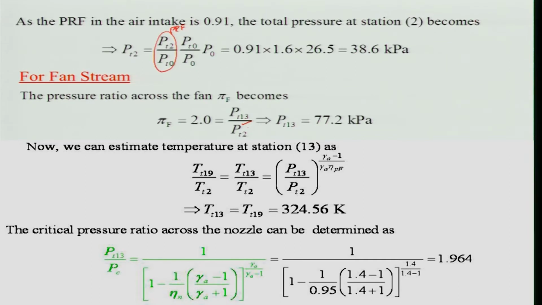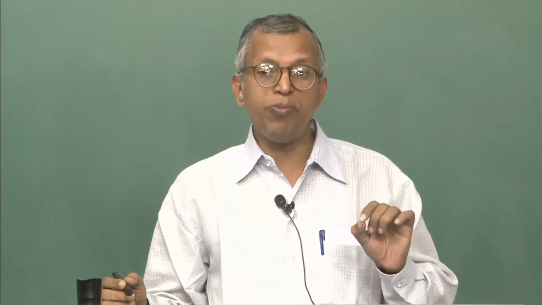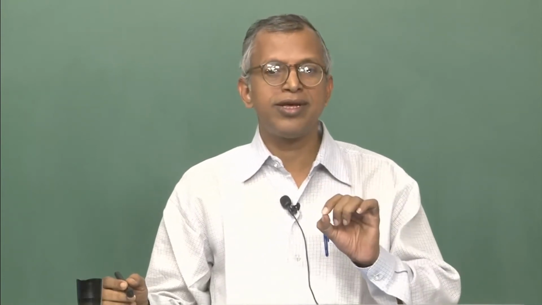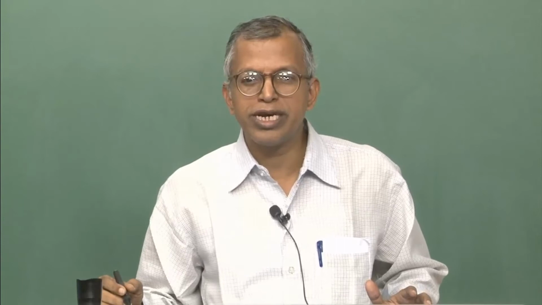The critical pressure ratio across the nozzle can be determined, because we need to find out whether it is critical or not. Keep in mind, we are assuming that the nozzle is a convergent nozzle, because generally in a turbofan engine nobody really uses a convergent-divergent nozzle, because it is not required, right.